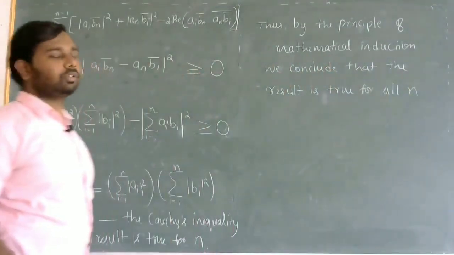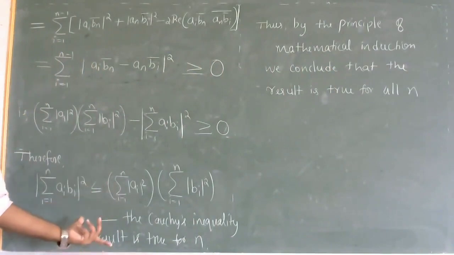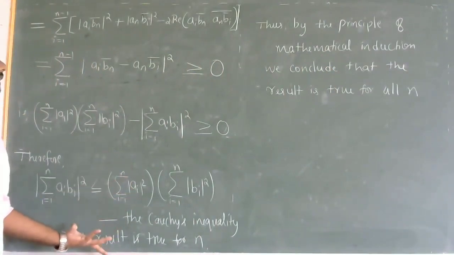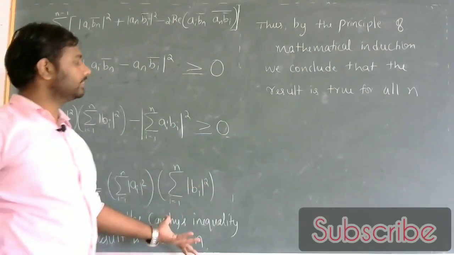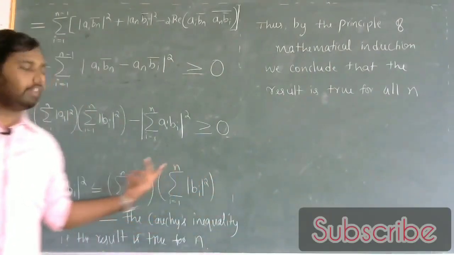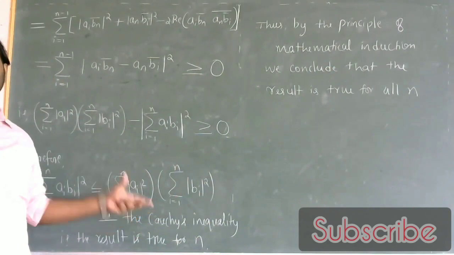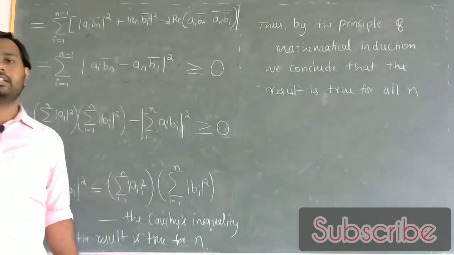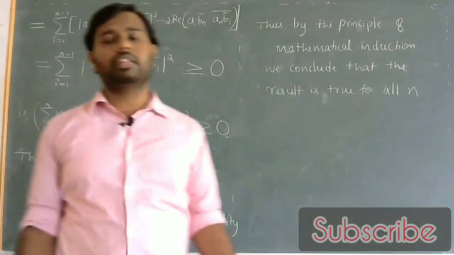That means the result holds, that is, the Cauchy's inequality holds for any natural number n, which completes the proof. In this third method, we arrived at the Cauchy's inequality using the simplest method, which is mathematical induction. So I'll conclude the video.